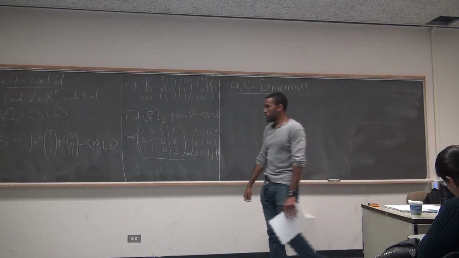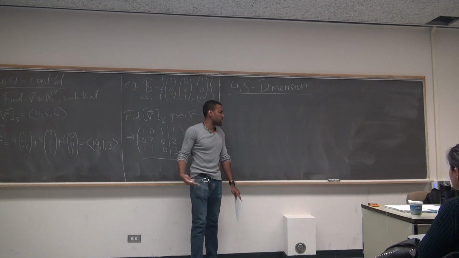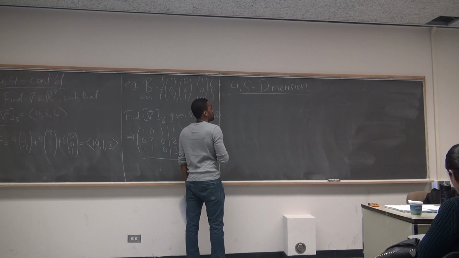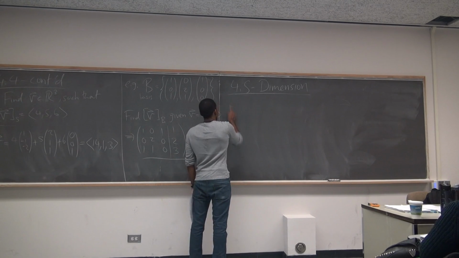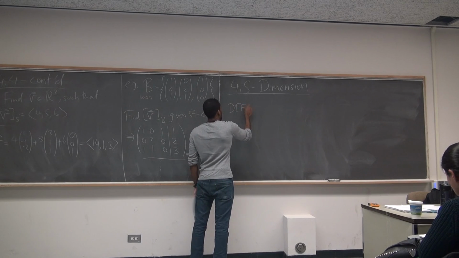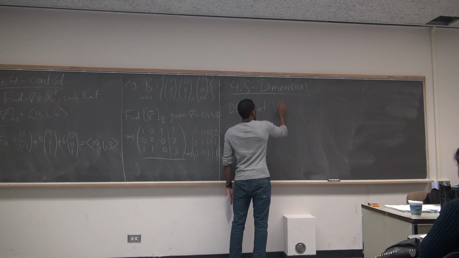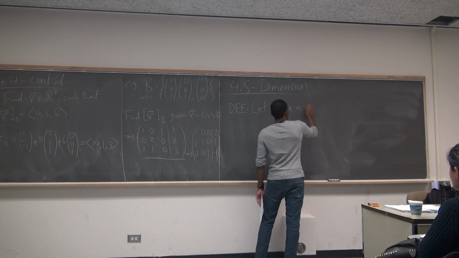Not going to do many computations here. Basically, I just want to give you some definitions about what we're talking about when we mention dimension. Dimension. Let V be a vector space.